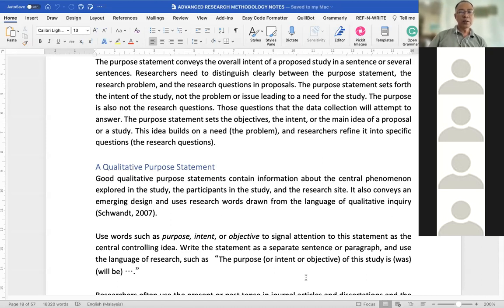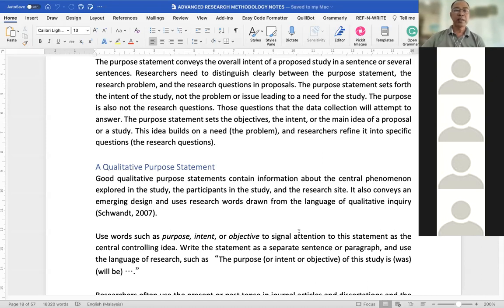According to Creswell 2007, good qualitative purpose statements contain information about the central phenomenon explored in the study. So the purpose statement in qualitative research contains information about the issue or the phenomenon, what's going on, the phenomenon that the researchers want to study.